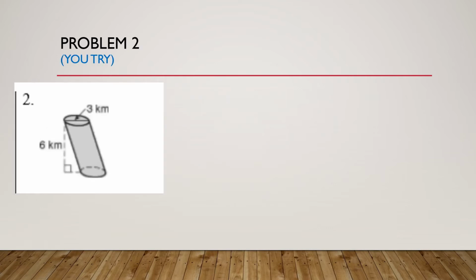Now we're going to do problem number 2, finding the volume of the cylinder. Again, if you need to, pause the video, try the problem, and then come back when you're ready. Remember, volume of the cylinder is pi r squared, which is the area of a circular base, times the height.